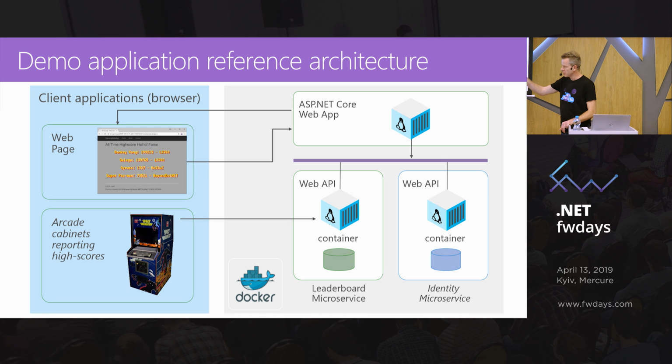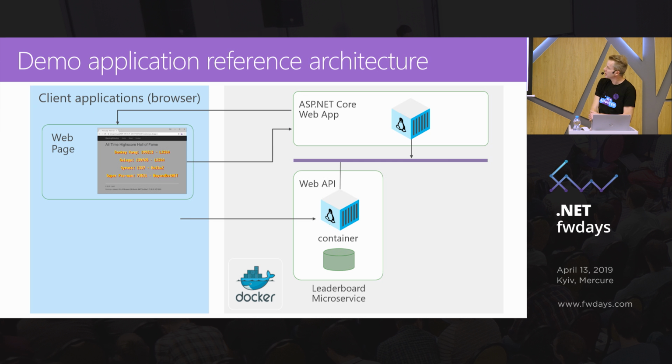It's my imagination of these arcade machines reporting the high scores to a web API, and the web API is consumed by a web application at the top that shows the high scores in a huge list. It's a typical scenario, I think.